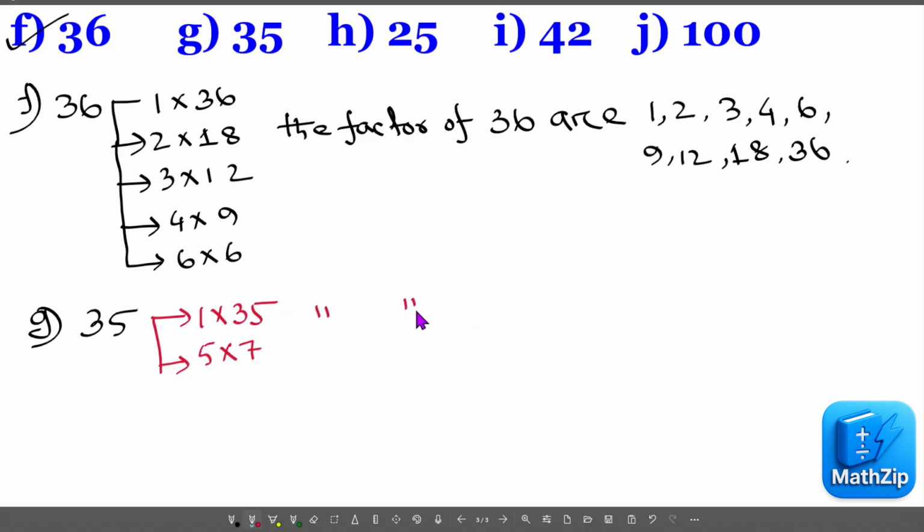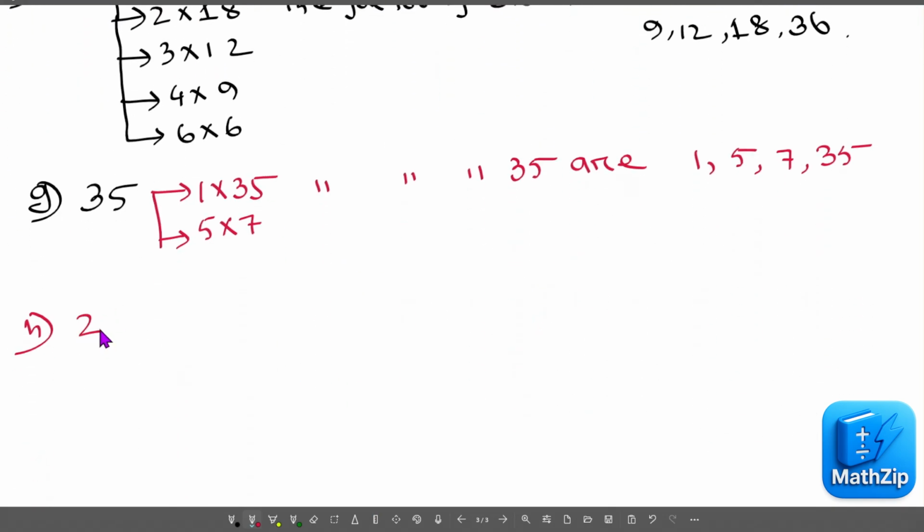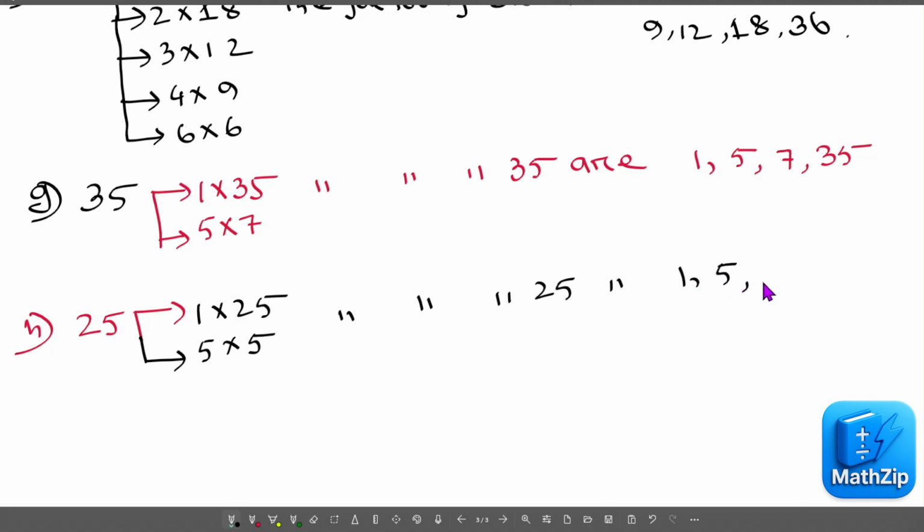So the factors of 35 are 1, 5, 7 and 35. Then number H, 25. 1 times 25, then 5 times 5 is 25. So the factors of 25 are 1, 5 and 25.